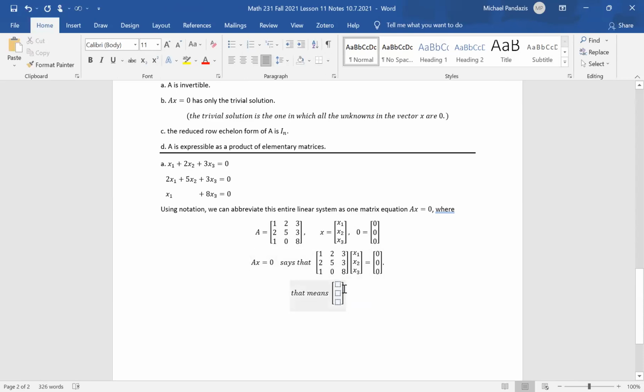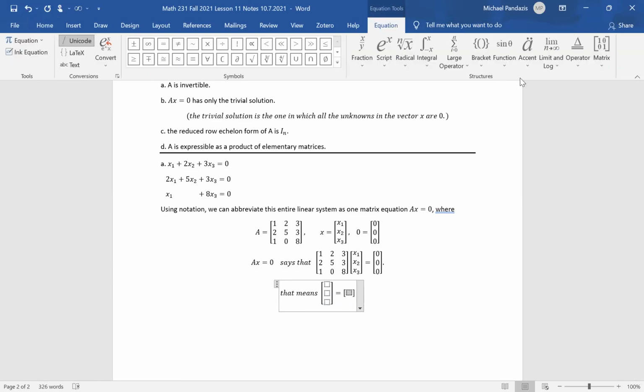The left-hand side is still going to equal the right-hand side, and the right-hand side is not going to change. It's still the 3x1 zero matrix. The left-hand side is now the product of those two. If you multiply those, you get x1 plus 2x2 plus 3x3.